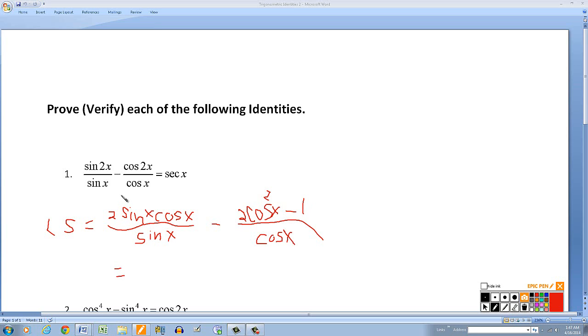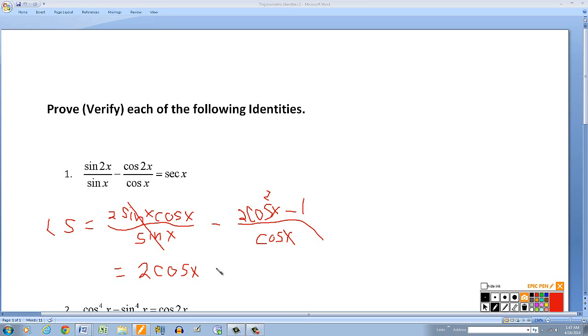So let's see what we get. Okay, so obviously here, the sines cancel out. So I get 2 cosine of x. Okay, now over here on this one, I'm going to distribute the negative and divide through by cosine.